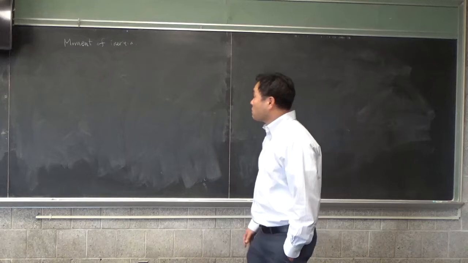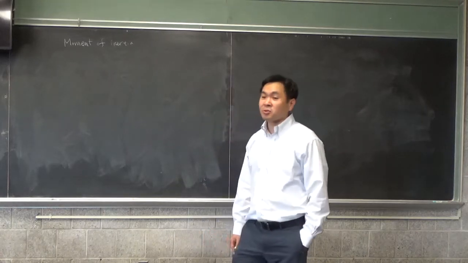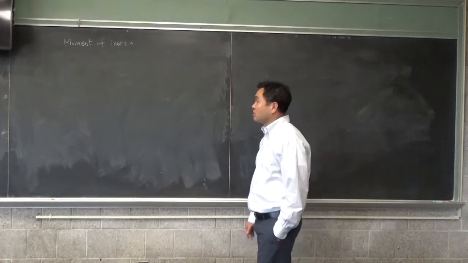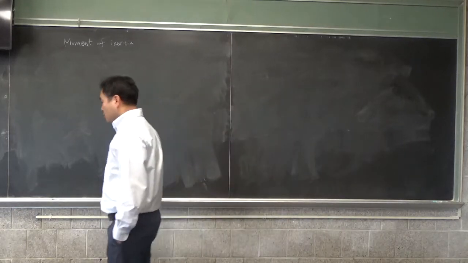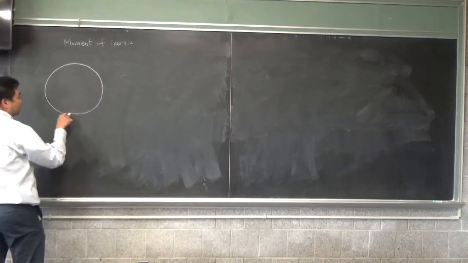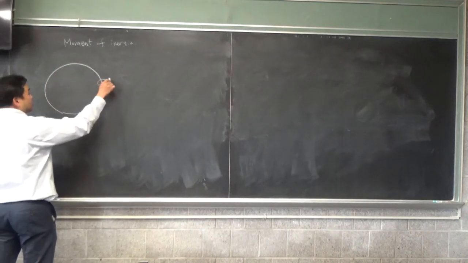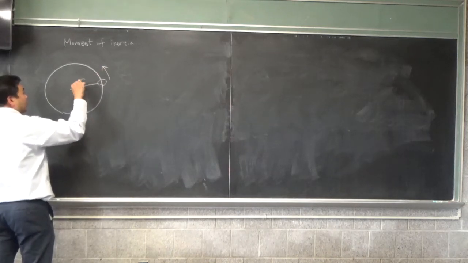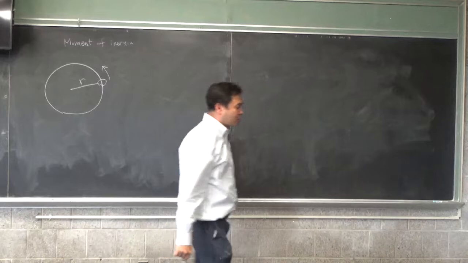And since we're talking about a spinning object, I have to first talk about the angular velocity and speed. So if you have something that's rotating, and let's say r is the radius of the circle.